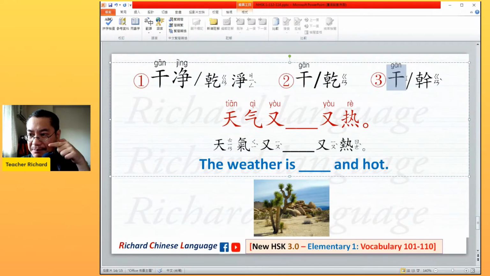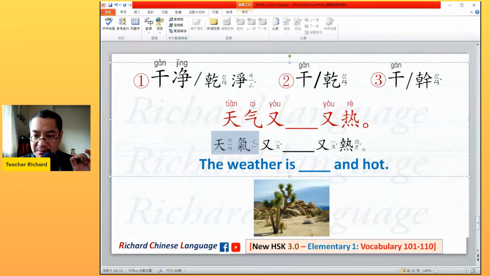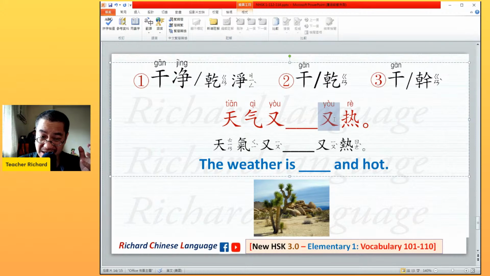天气又又热。天气 means the weather. 又 we have learned this grammar point, which means adjective and adjective. So remember, here we need an adjective because 又 is for adjective and adjective. 热 means hot, scorching hot.